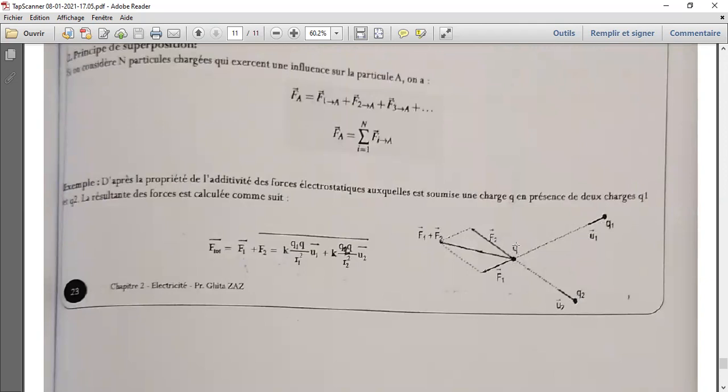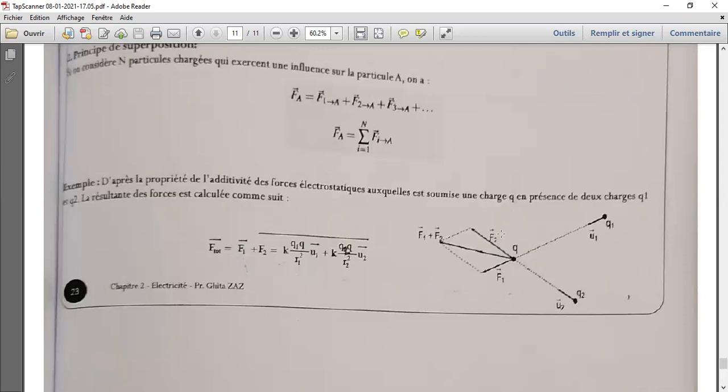The total force is equal to the force caused by Q1 on Q, plus the force caused by Q2 on Q. It's like you calculate one force for one particle and another force for another particle, then you add them together. The one which is affected is the one in the middle.